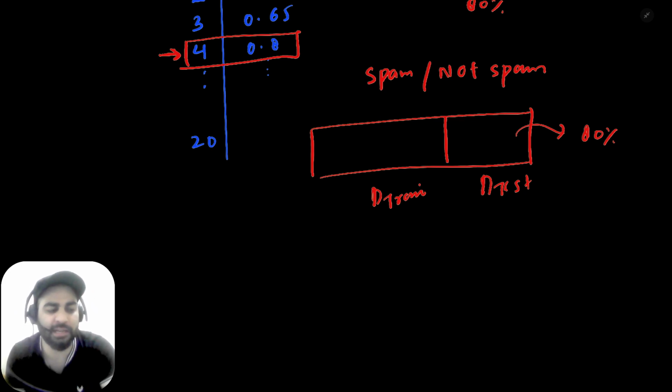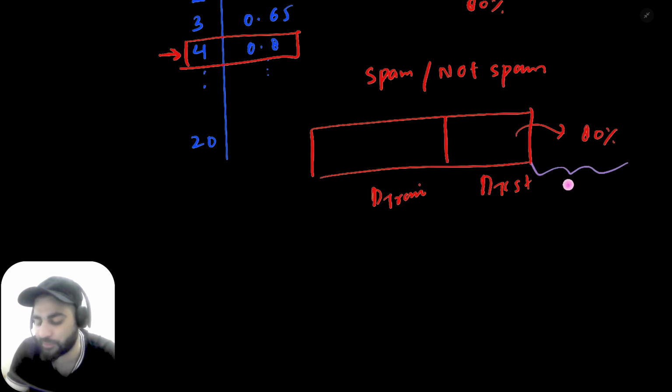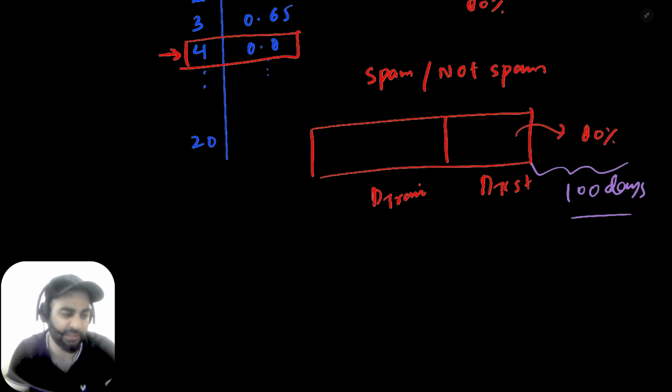Okay, by generalization I mean that when there is unseen data, I should get the accuracy on that. For example, if I trained this and now I got d test as 80%. Now if I tested it in the real world, for example, for, let's suppose, 100 days, I'll see how many spam and non-spam emails did it correctly classify. That will be my generalization accuracy. Okay, is it clear?